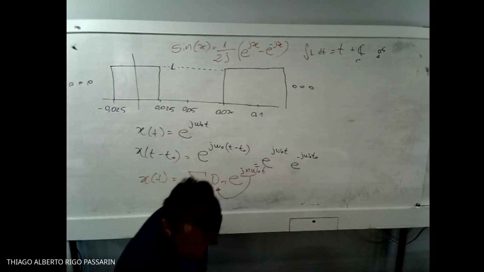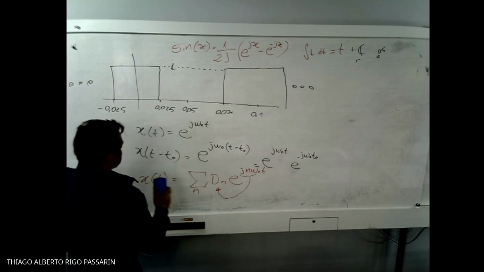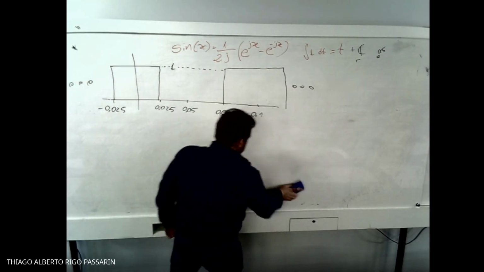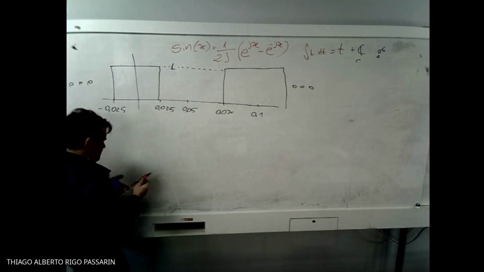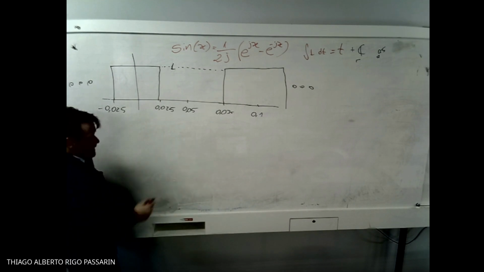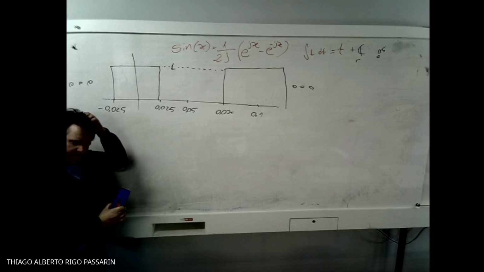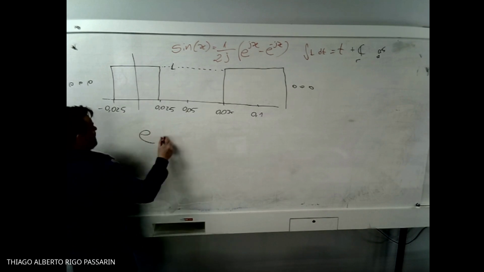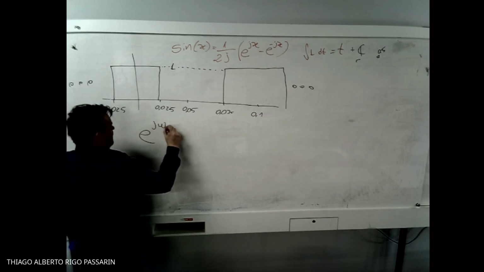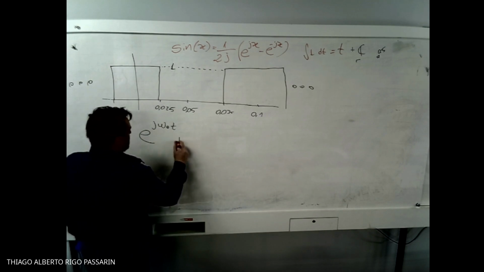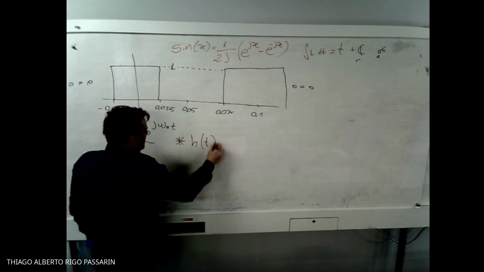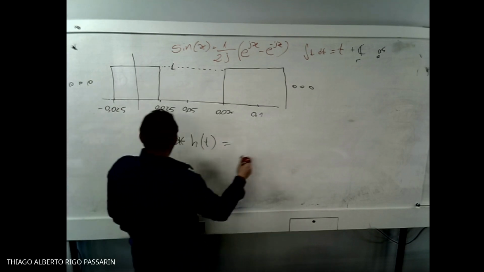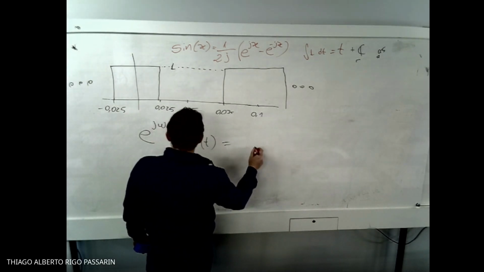So in the video that I posted maybe yesterday, what made it possible that we defined frequency response was that e to the j omega 0 t convolved with some impulse response can be written like that.